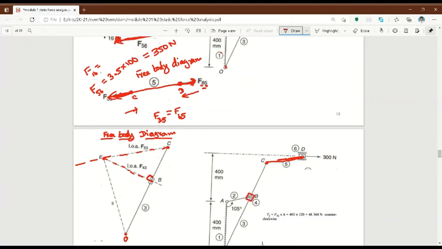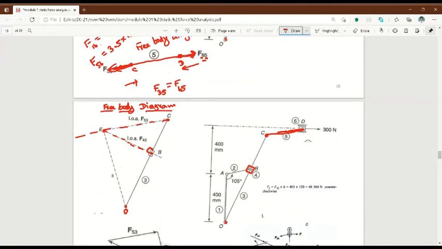There will be one force on point C and one force on point O, because in the previous case also, for CD, we have seen one force on C and another force on D. Similarly here, one force on C and another on O. They have given a piston not at the center but at point B, so for this point B one more force will be acting, perpendicular to B.